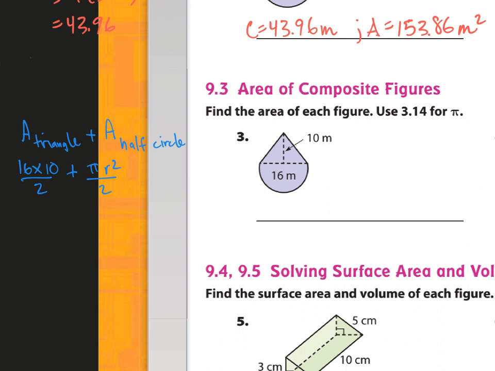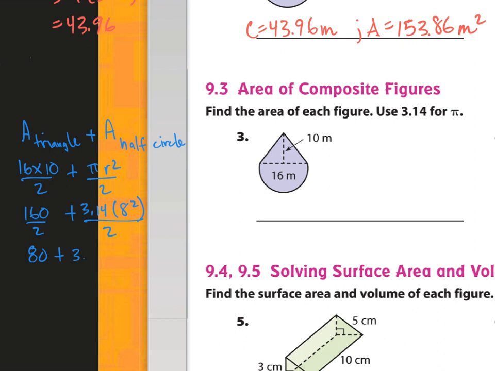Okay, so on the left, we have 16 times 10 is 160 divided by 2, which is 80. And we add to that 3.14 times the radius, and the radius is half of this, so it's just going to be from here out. So that's 8. So that's going to be times 8 squared divided by 2.